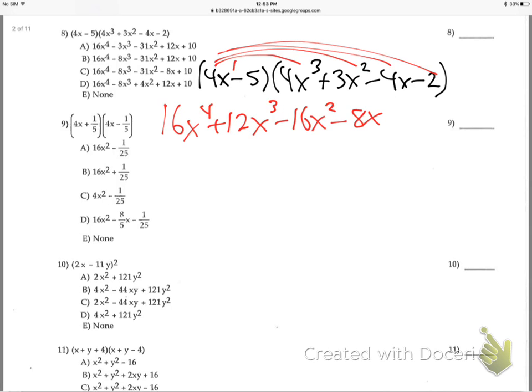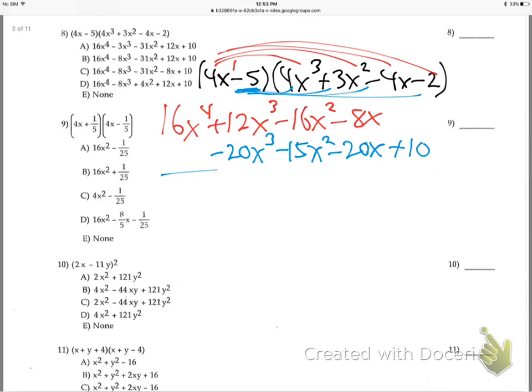Okay, so he went to all 4. Now it's the minus 5's turn, and he's going to go to all 4. And I'm going to stack them vertically. You don't have to. Might be easier, though. Minus 20x cubed minus 15x squared minus 20x plus 10. Now add them up vertically, straight up and down.